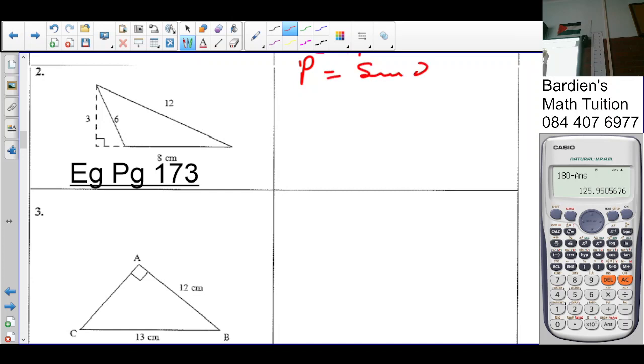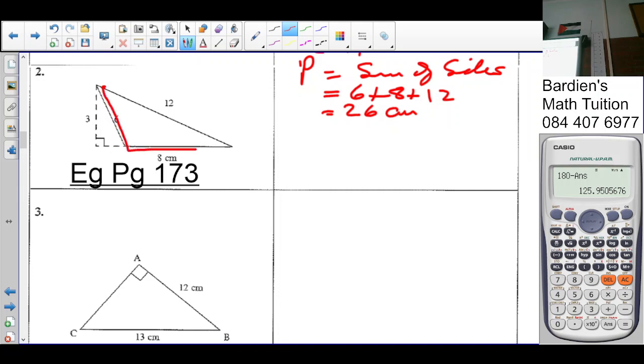That's sum of sides. So the first piece is going to be 6 plus 8 plus 12, which is 26 centimeters. Not so? Yes? Okay, the perimeter, you must start here. Be that length plus that length plus that length. That's the perimeter.